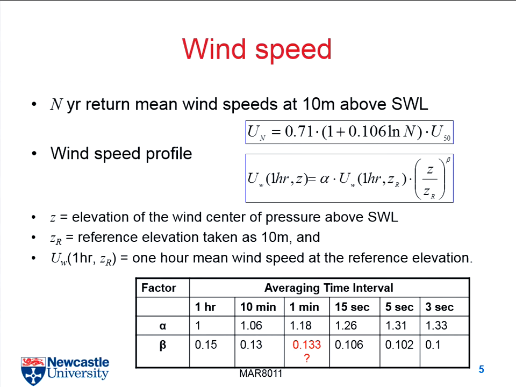Ln, and we use the reference value at 50 years, and we can get this from some reference books for different areas. So another thing, another equation or another estimation.